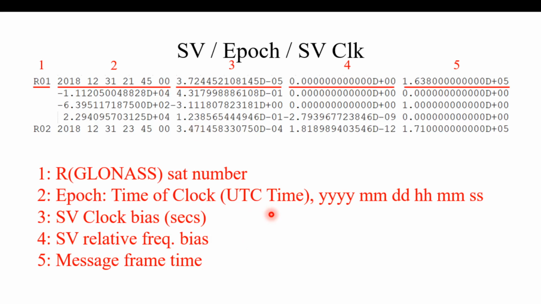There is again the clock bias. In the third, you can see the clock bias of the satellite. It is nearly 0.04 milliseconds. The fourth and fifth components can be omitted for our use.